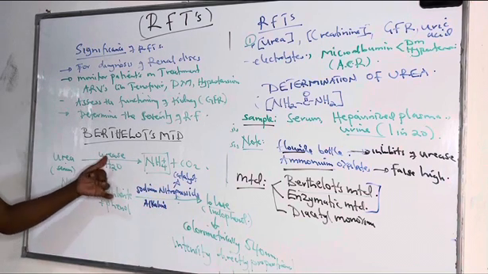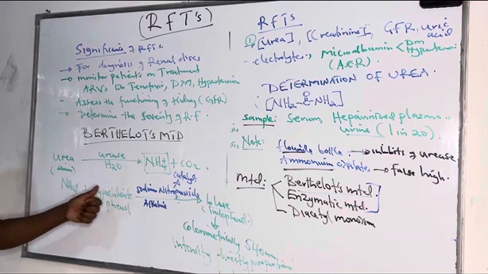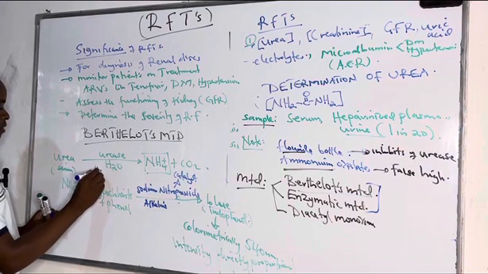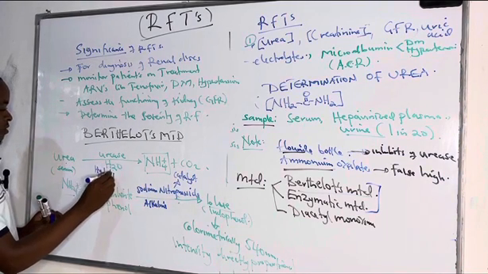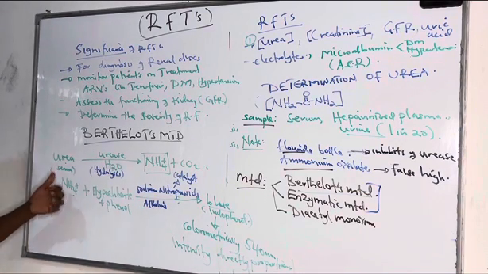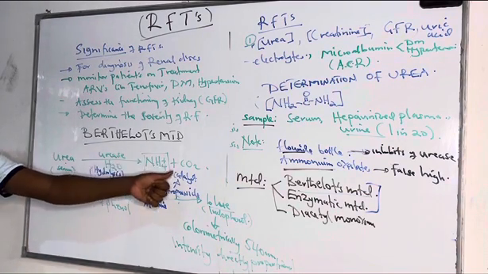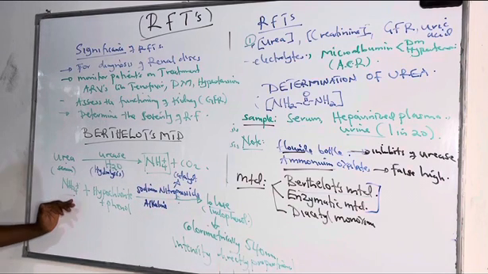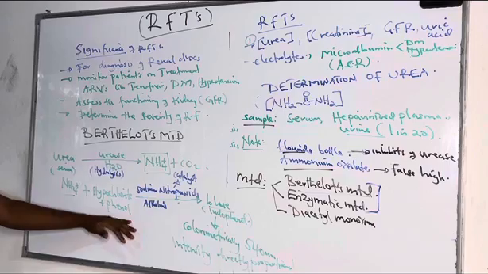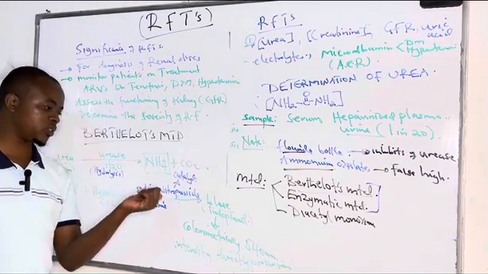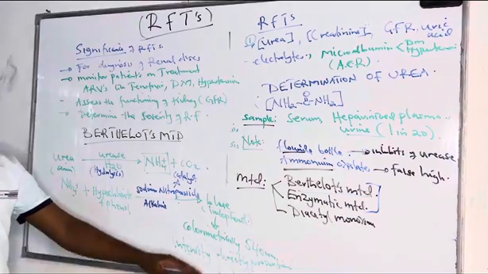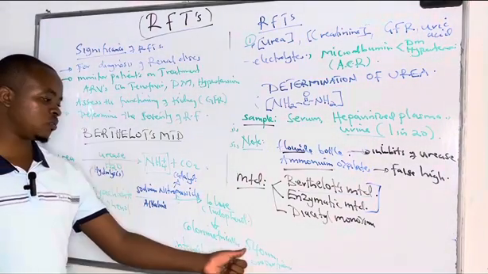Urease catalyzes the hydrolysis, because it involves the addition of water, of urea to ammonium and carbon dioxide. Then the ammonium formed reacts with hypochlorite in the presence of phenol in alkaline media with sodium nitroprusside as a catalyst, forming a blue indophenol, which is measured colorimetrically at this wavelength.